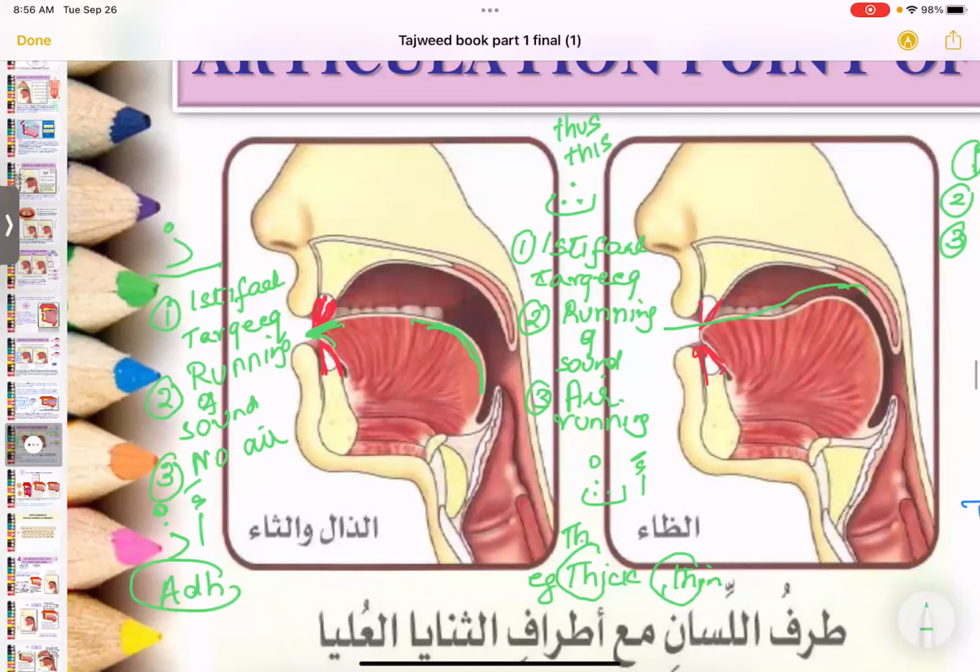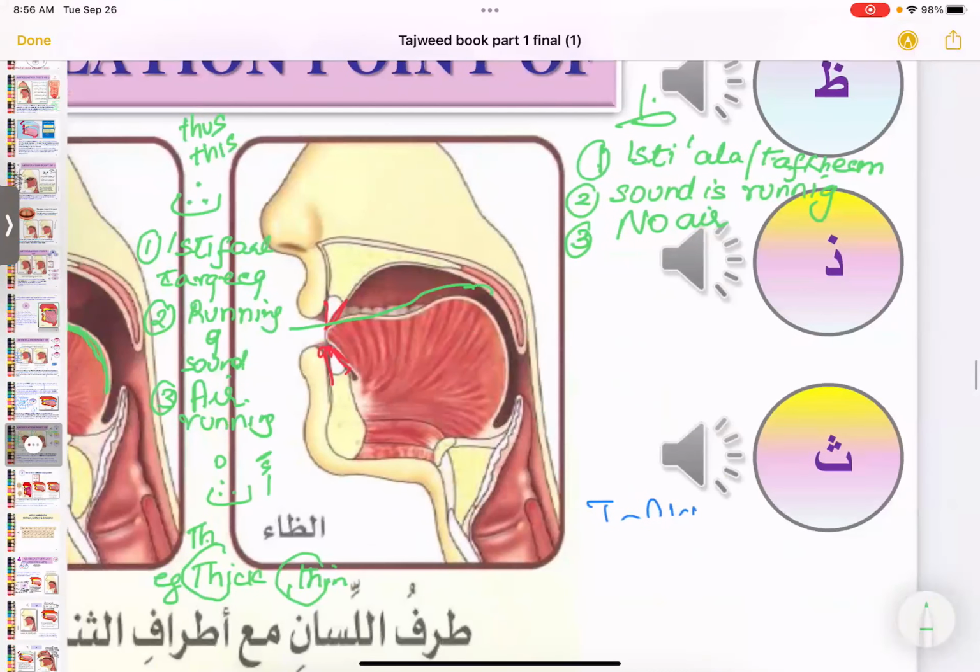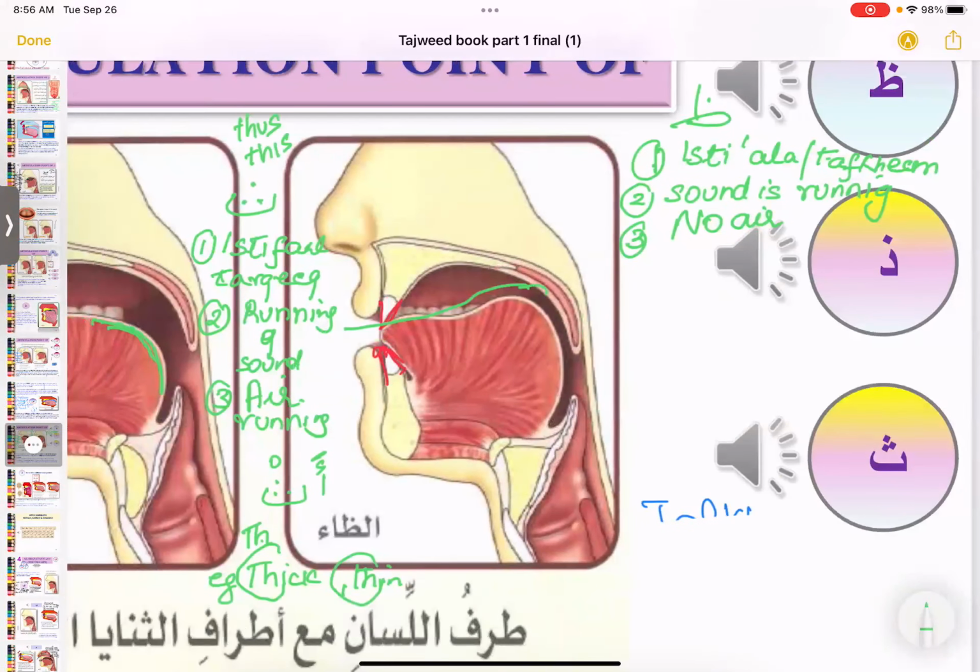How about the letter wa? Let's look at wa. In wa, again, the tip of the tongue touches the upper edge of the top central incisors, and the back of the tongue is raised up and I say ow, ow, ow.